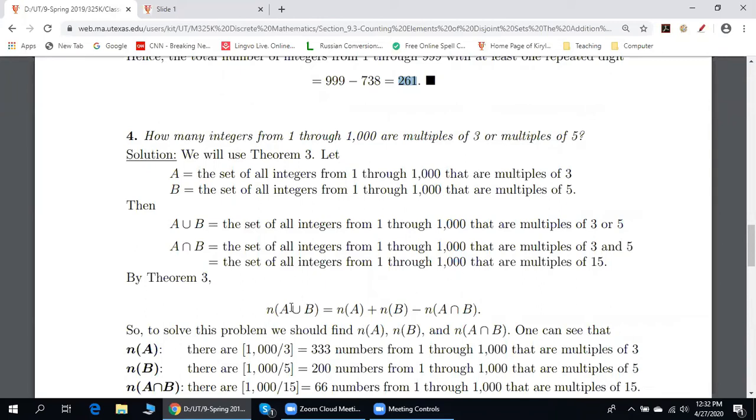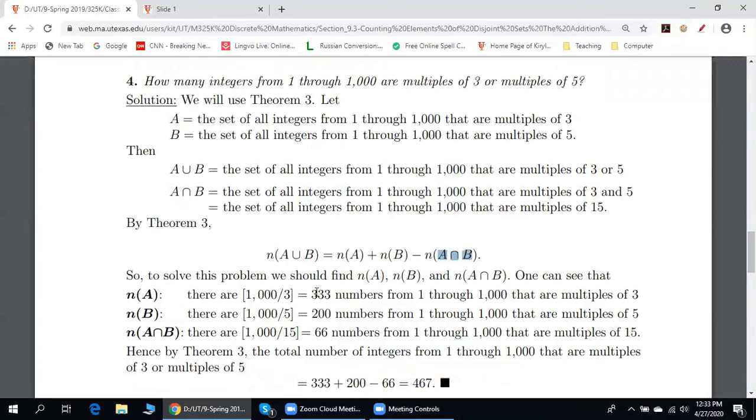Now, let us use the formula from theorem 3. The number of elements in the union, it's exactly what we need, is the number of elements in A plus the number of elements in B minus the number of elements in the intersection. Question is, how do we find, say, the number of integers from 1 through 1000 that are multiples of 3? Here, let us use the floor function.